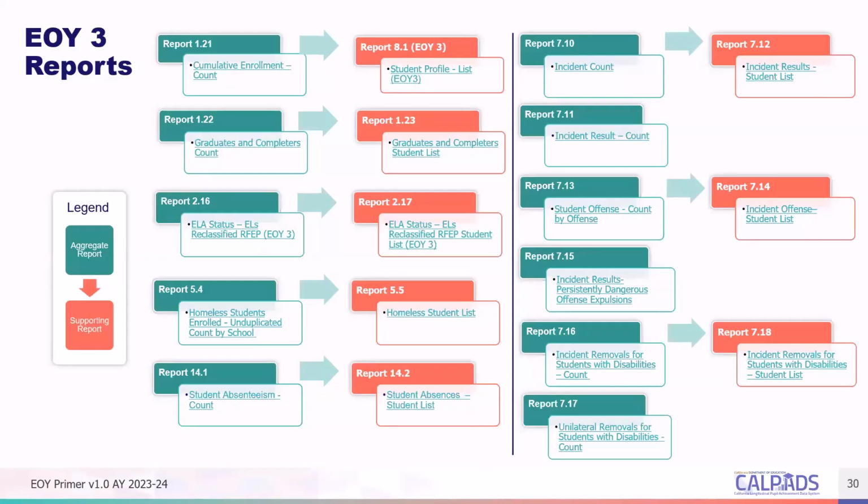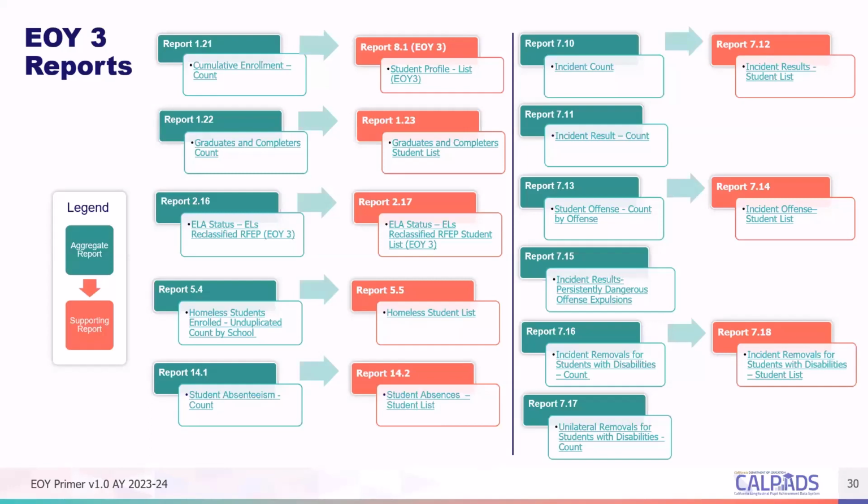End of year 3 contains 11 aggregate reports and several supporting reports. These reports provide counts and lists of cumulative enrollment, graduates and completers, RFEP students, homeless students, student absenteeism, and incident data. To understand and interpret your end of year 3 reports, we strongly suggest turning to the data mapping guides in the user manual for end of year 3.